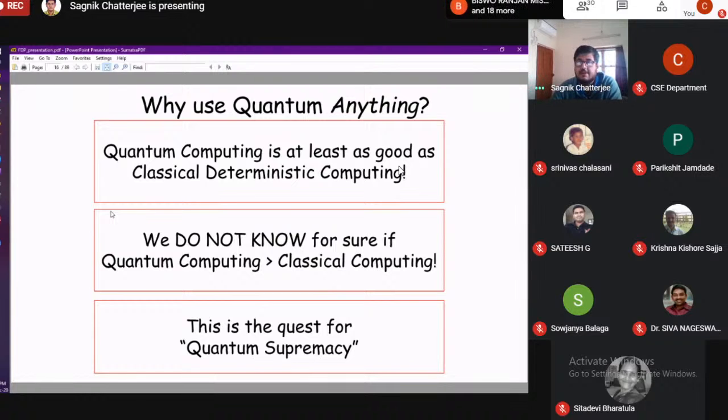Quantum computers are very behind on the practical aspects. The hardware is very limited and it is extremely difficult for us to maintain coherent quantum bits. So this quest for quantum supremacy is still on. In some cases, it is disputed whether it has been resolved. We'll see this in today's lecture.